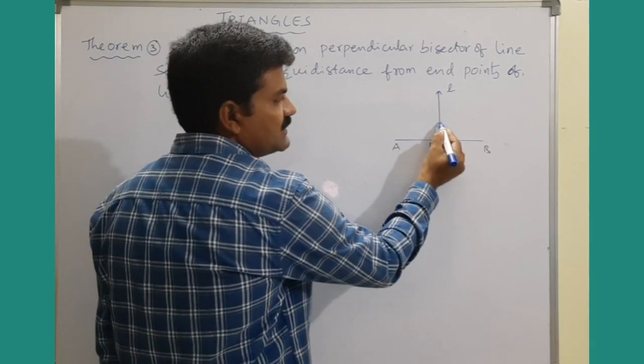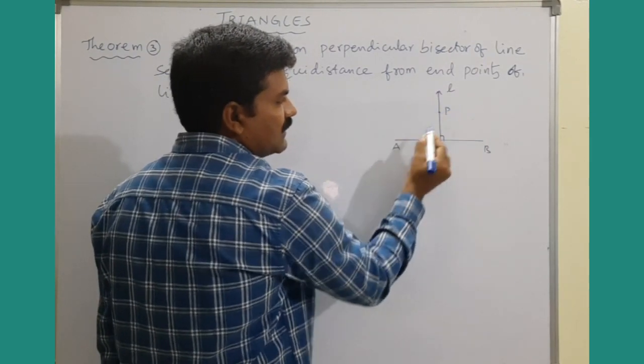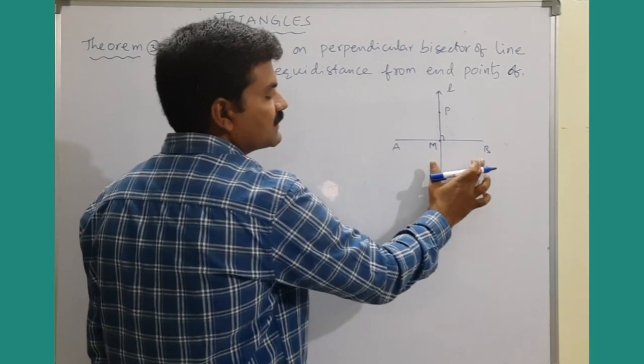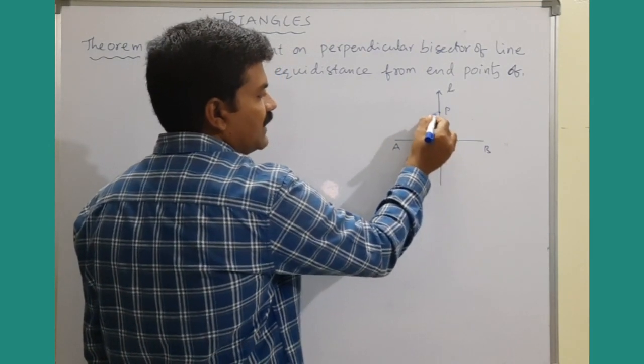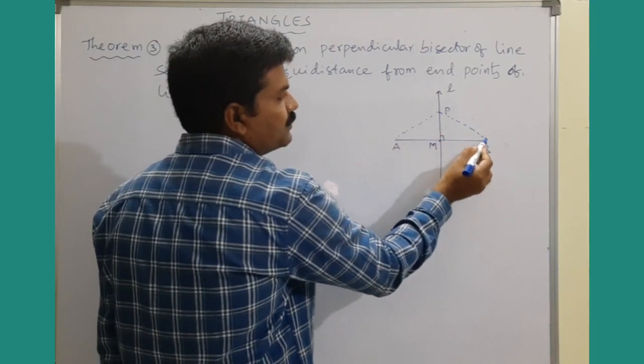Suppose the point is here, say P is the point. Now P is equidistant from the endpoints of the line segment. I mean PA should be equal to PB.